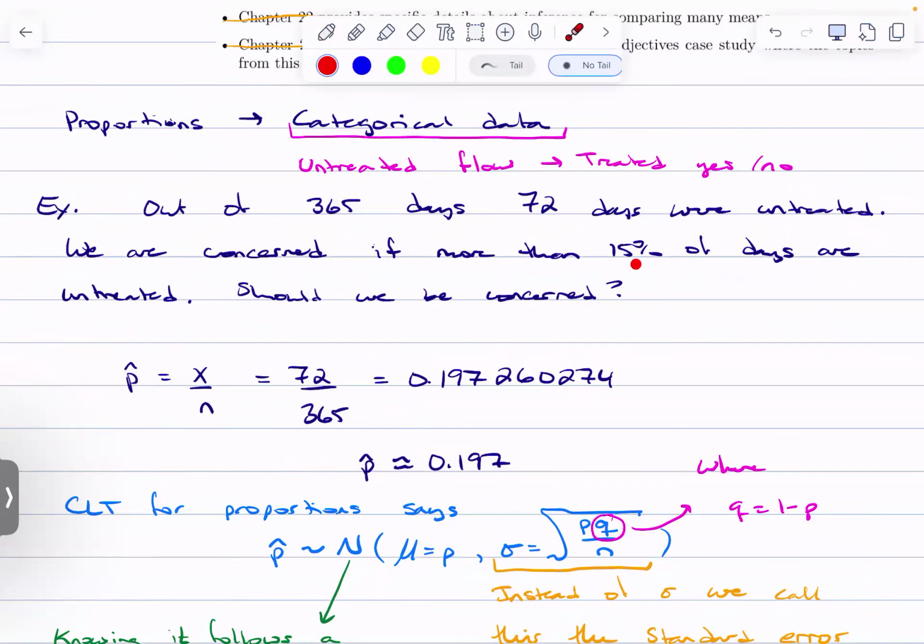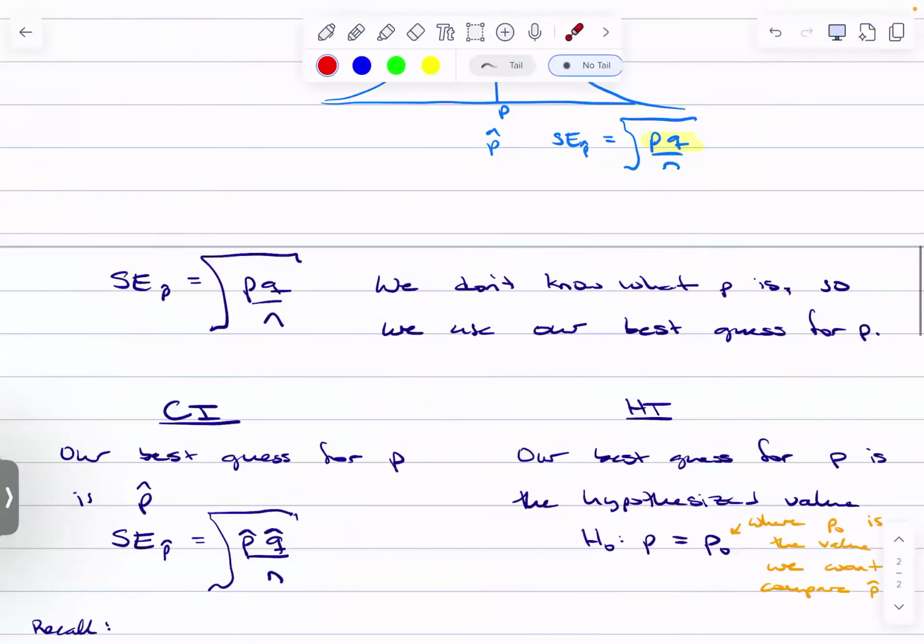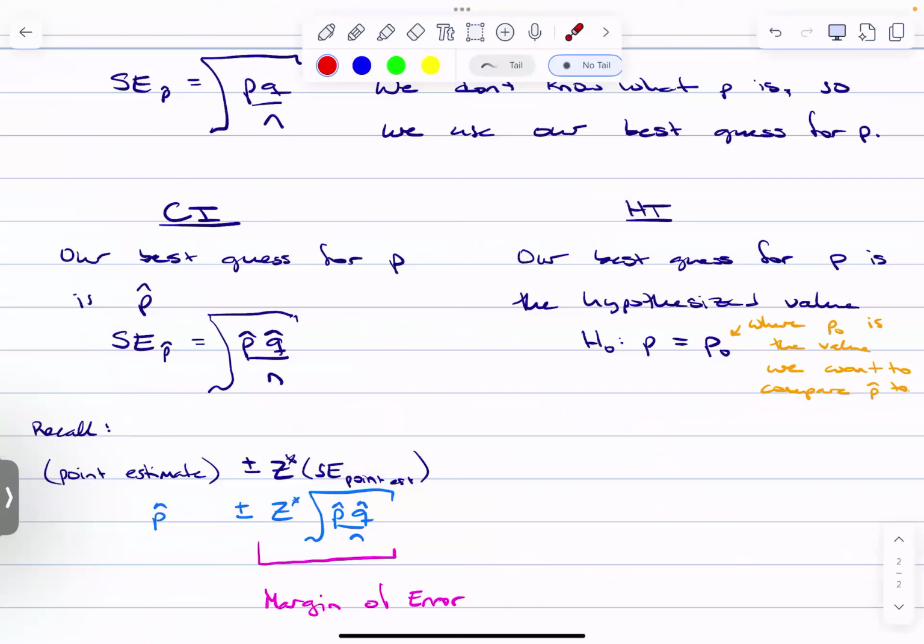Now 15% is 0.15 as a proportion, and so this would be the value that I'm going to compare my sample proportion to. I'll do the general one here, and then we'll jump into the example.